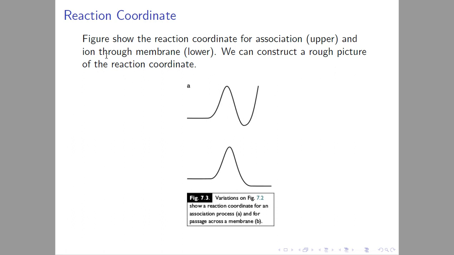And for the ion through the membrane, the ion needs to cross this energy barrier so that it can diffuse to the other compartment. These are just the membrane.